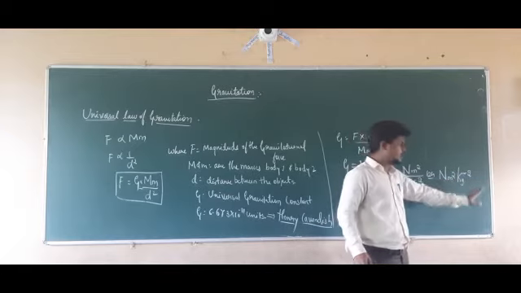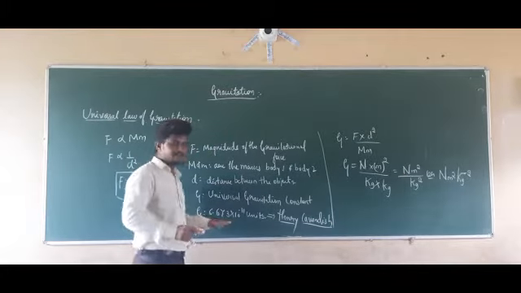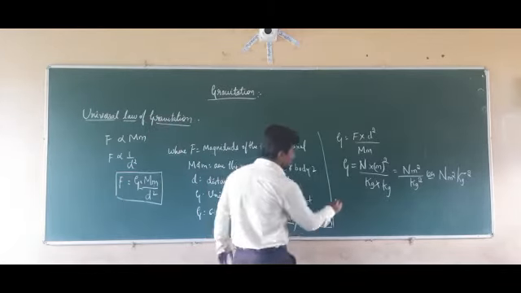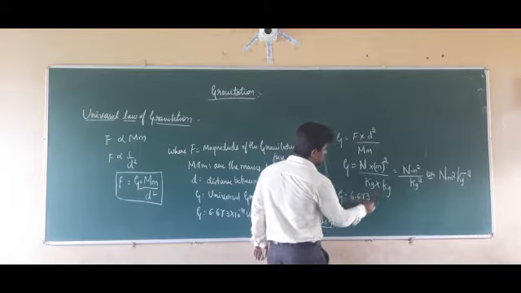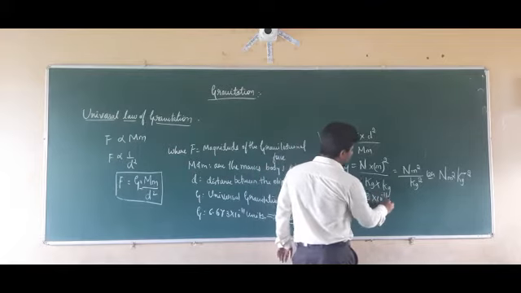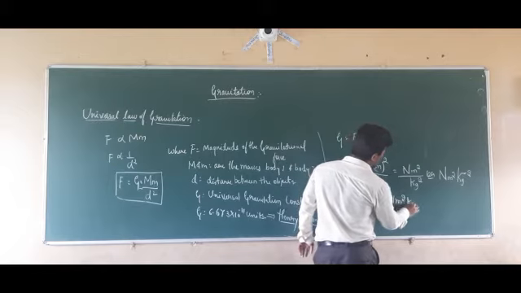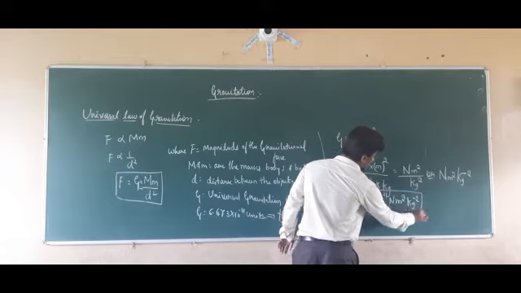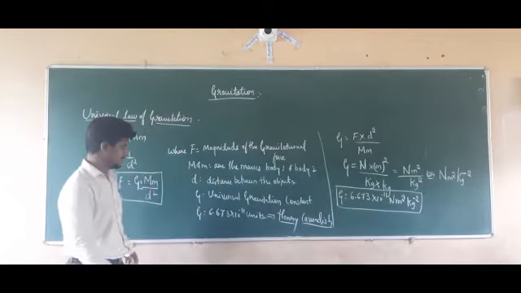Therefore, Newton meter square per kg square is the SI unit of the universal gravitational constant. So we can write G is equal to 6.673 into 10 raised to minus 11 Newton meter square per kg square. This is the value of the universal gravitation constant.